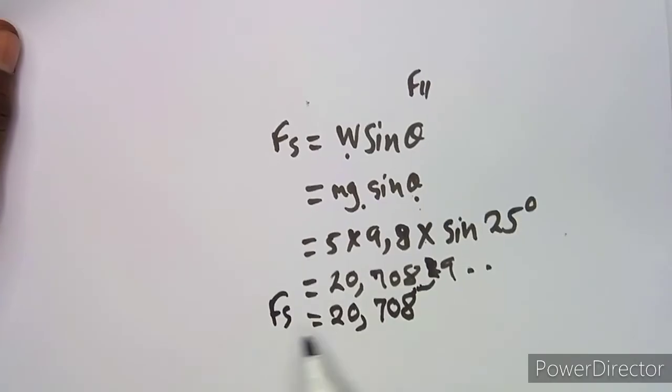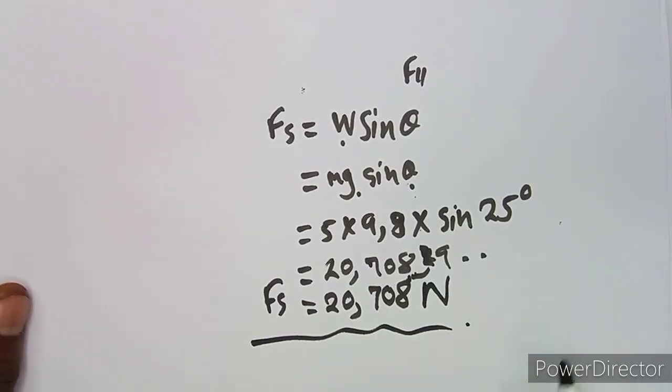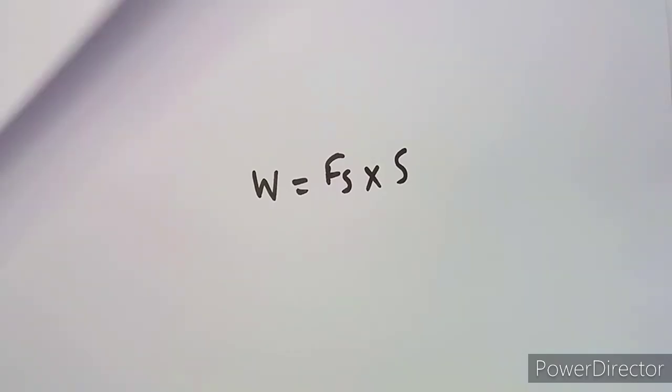This is my parallel component, which is in terms of the weight. So we are actually referring to the weight component in this sense. Now remember, the formula that we want here is to calculate the work done, and we said our work done is the weight component times the distance.